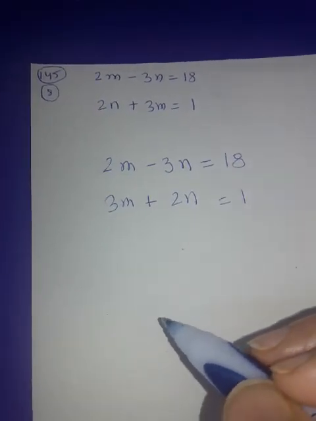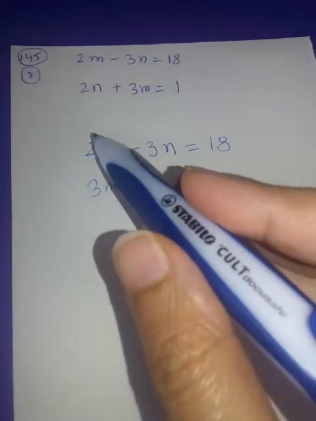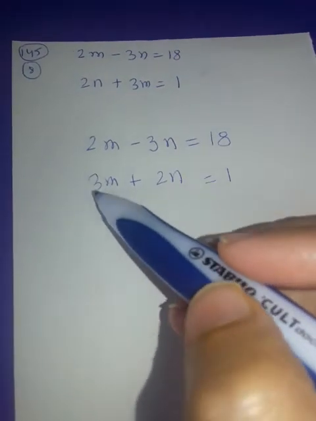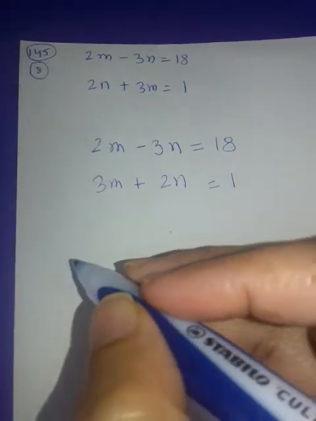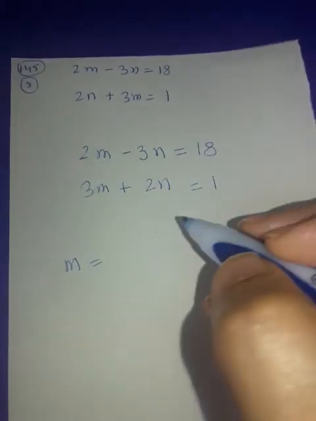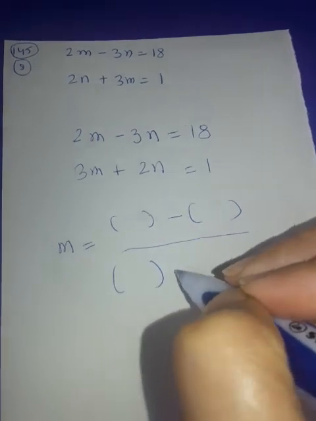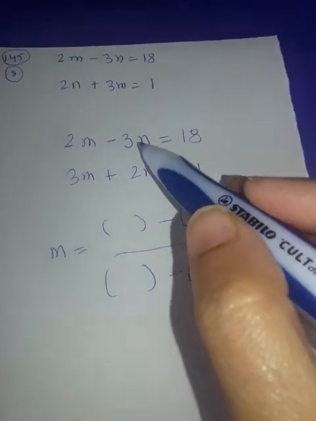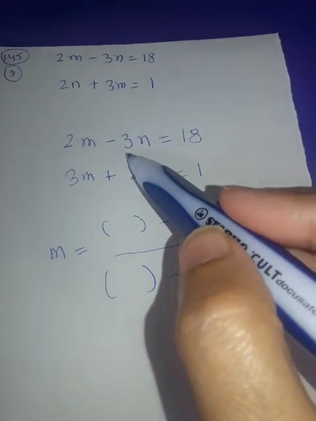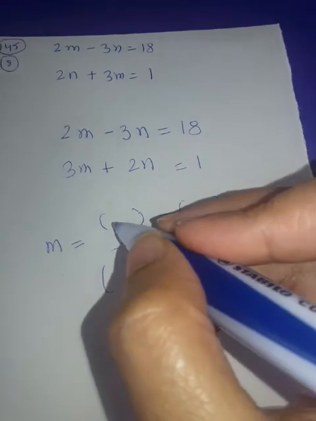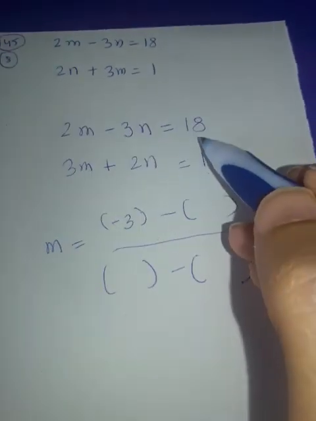Now I am ready to use the shortcut. If I want the value of m, I have to ignore it completely and concentrate over here. Minus 3 into 1, minus 3.